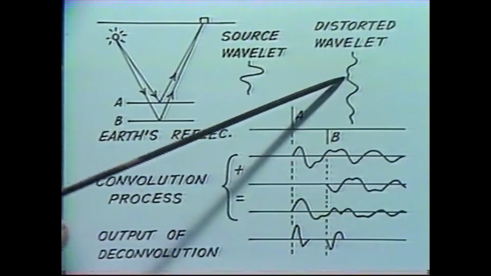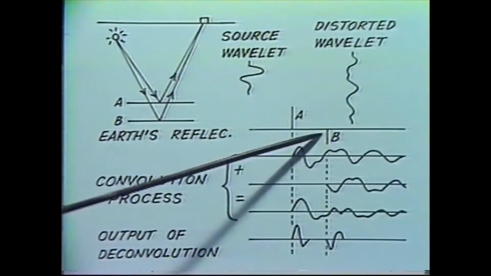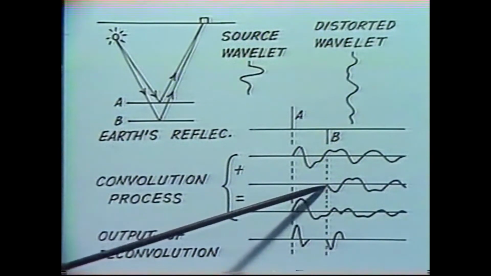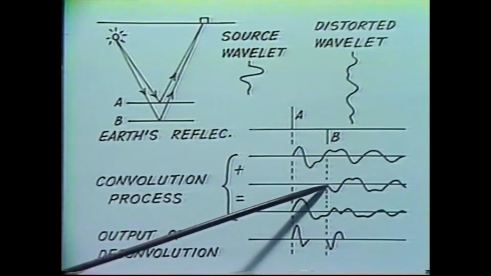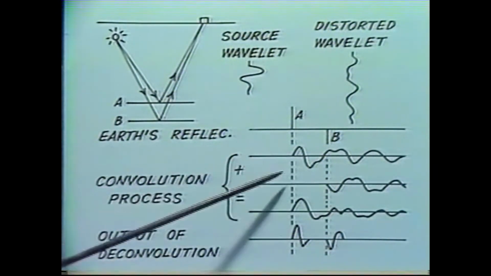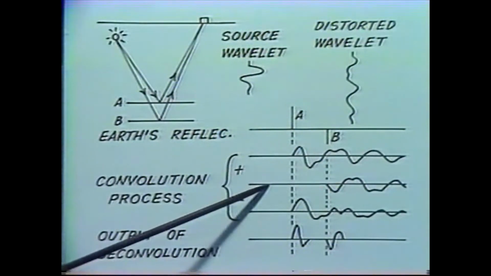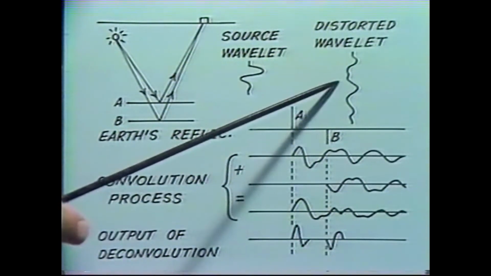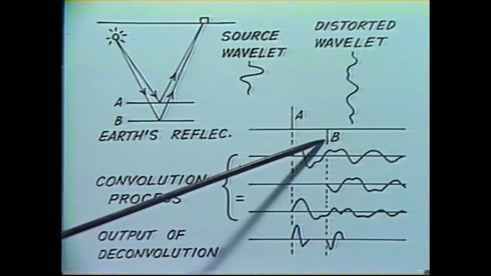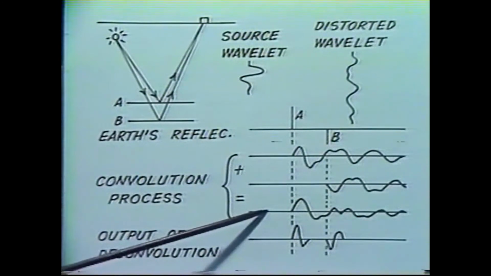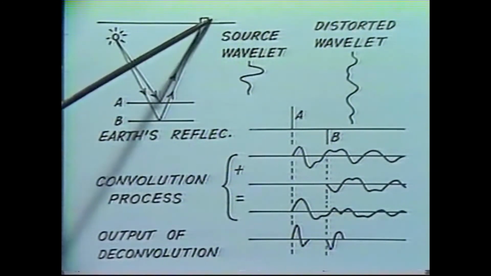That same distorted wavelet is weighted by the magnitude of reflection coefficient B and delayed to the reflection time B. And the process of convolution is equivalent to summing these two traces that are the weighted and delayed superposition of the effective source wavelet with the Earth's reflectivity. When we add those two together, then we get the recorded trace that we detect here on the surface of the Earth.